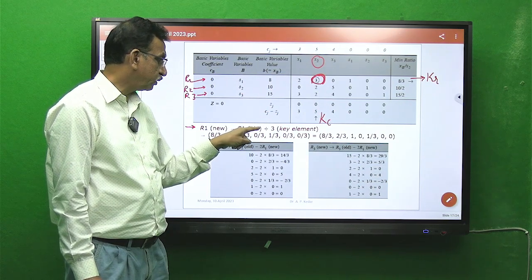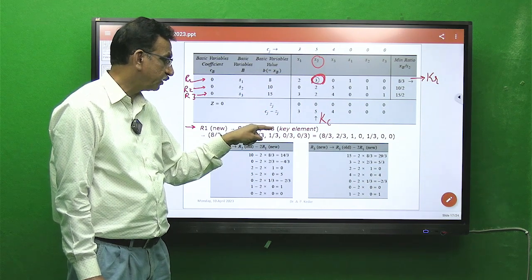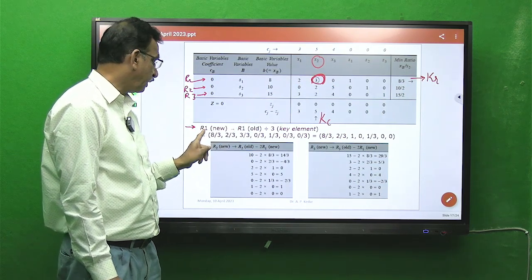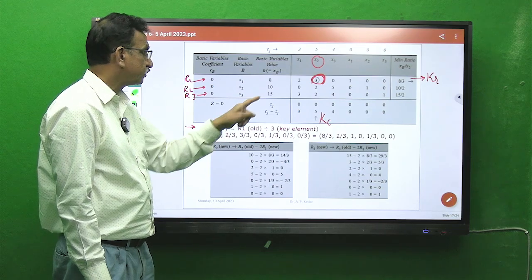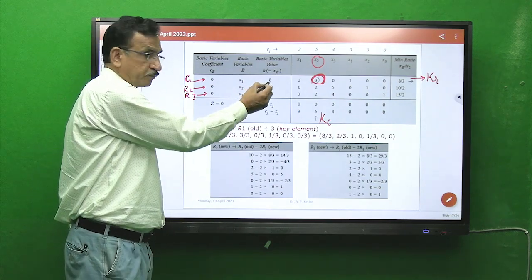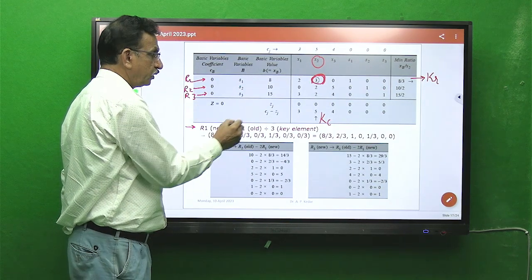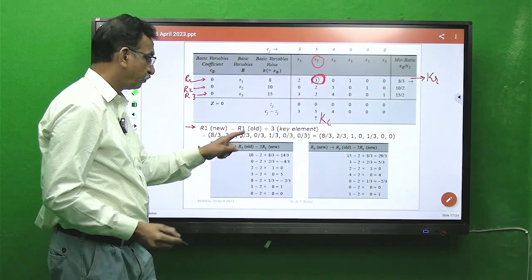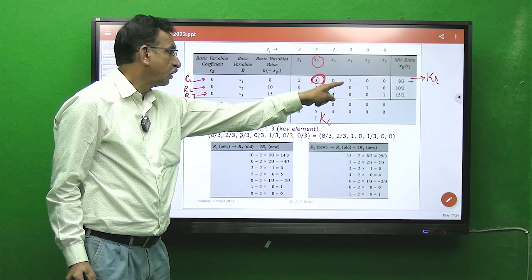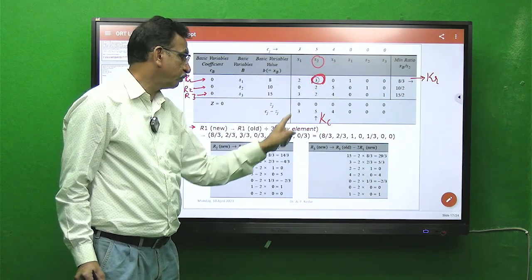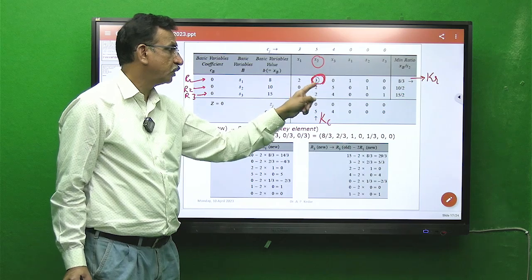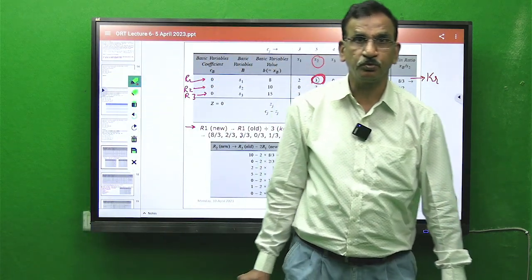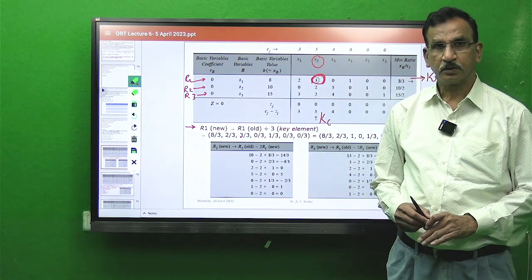So R1 old divided by 3, where 3 is the key element, gives you R1 new. So see, this is 8 by 3 first value, second 2 by 3, third 3 by 3, fourth 0 by 3, 1 by 3, 0 by 3, 0 by 3. This is the changed new R1 row. Clear? Important.